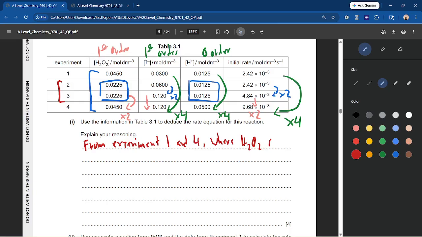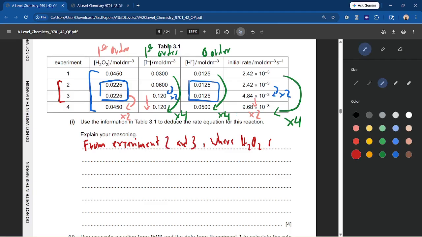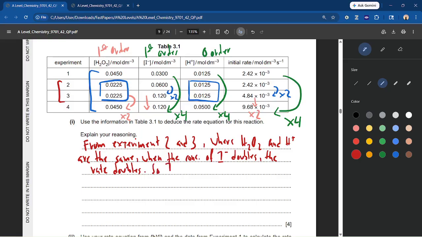Actually, we were looking at experiments 2 and 3, where H2O2 and H plus are the same. When the concentration of I minus doubles, the rate doubles. So iodide is first order.